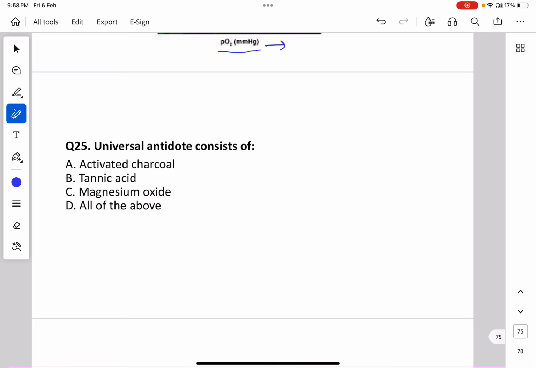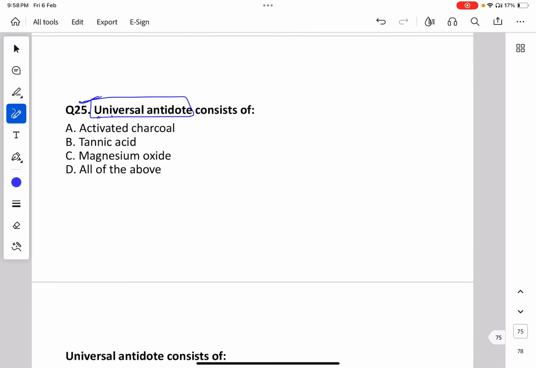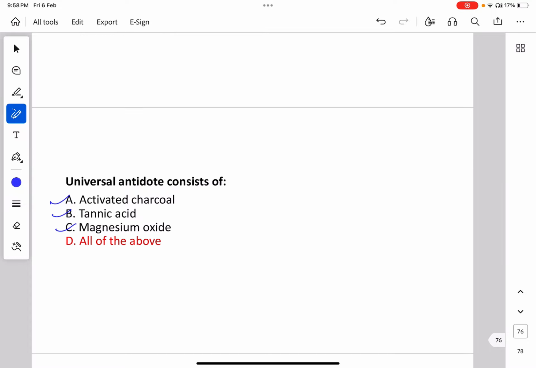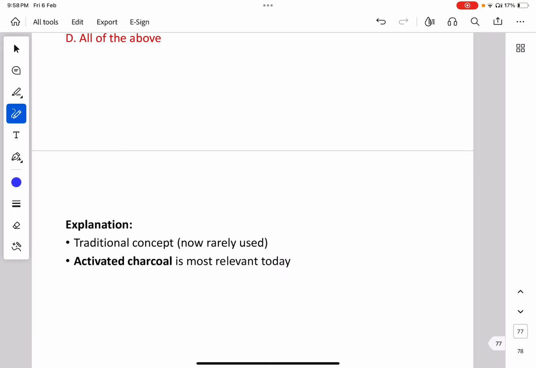Okay. Now, last question for today's session: universal antidote. Universal means acting against any poison. Universal antidote is, now, all of the above, that is activated charcoal, tannic acid, and magnesium oxide. But this was a traditional concept. Nowadays, it's not used.